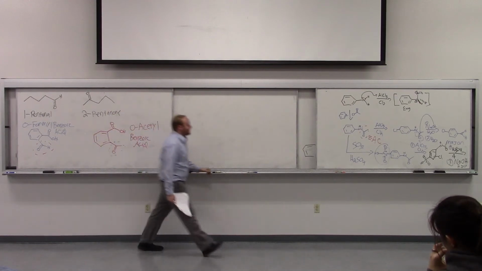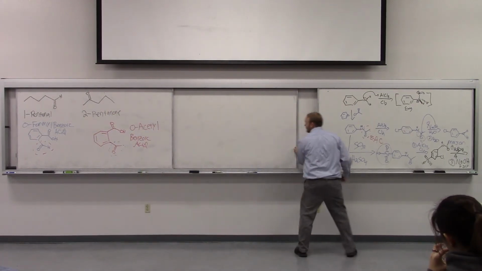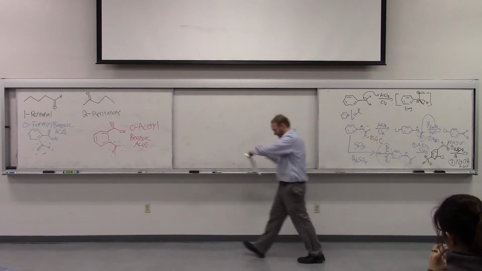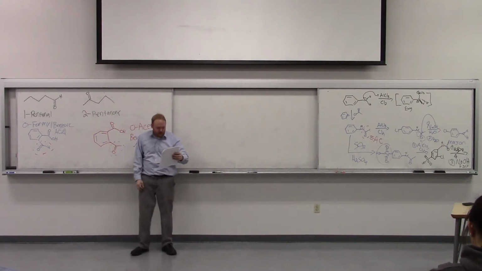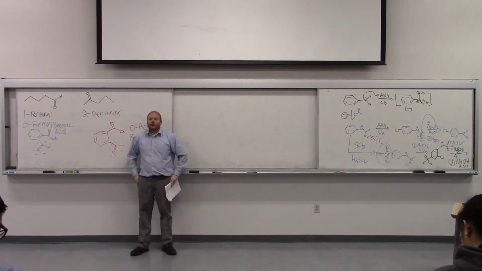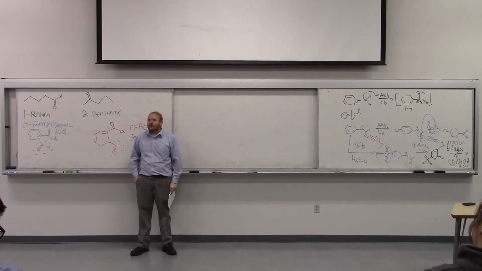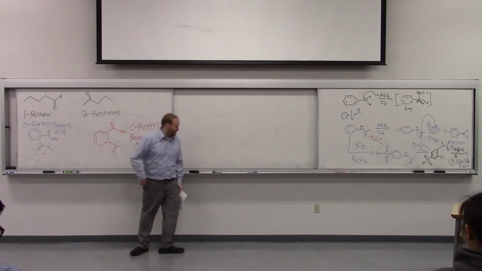All right, now let's get to the good stuff. So let's do some quick review. How do we make aldehydes? From what we know today, how do we make aldehydes?